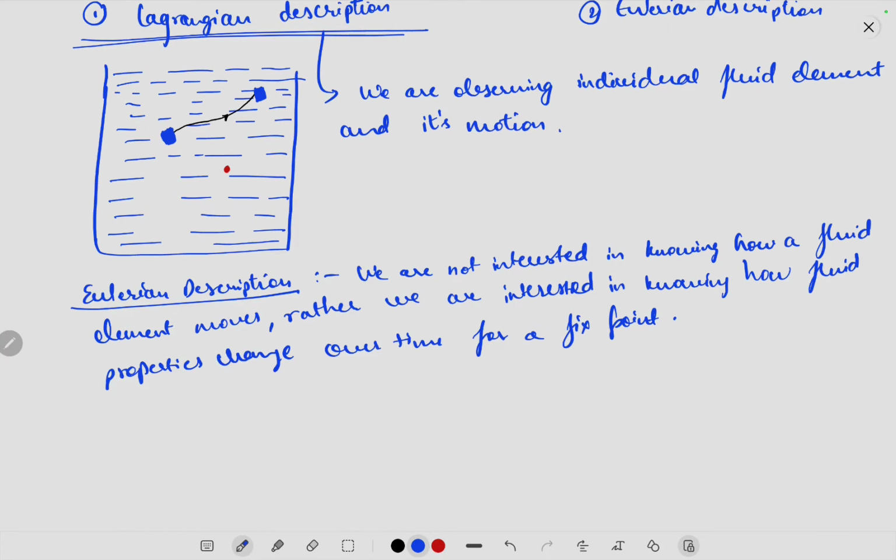Okay, so fixed point can be anything, so that is what we will define.